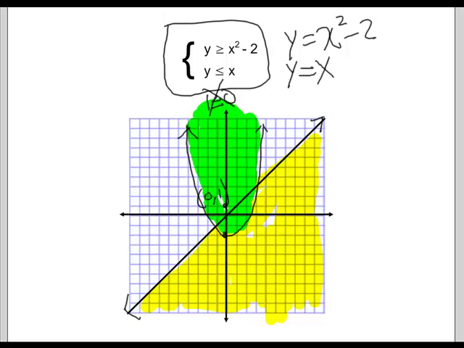And we're looking for the area that overlaps. We're going to find it's this area right in here. So our solution is this area that I'm highlighting in red, because this is the area where y is less than x, but also where y is greater than or equal to x squared minus 2. Basically, we had two conditions. It had to be over here in the yellow, and it had to also be in the green. The only spot that happens is right here.